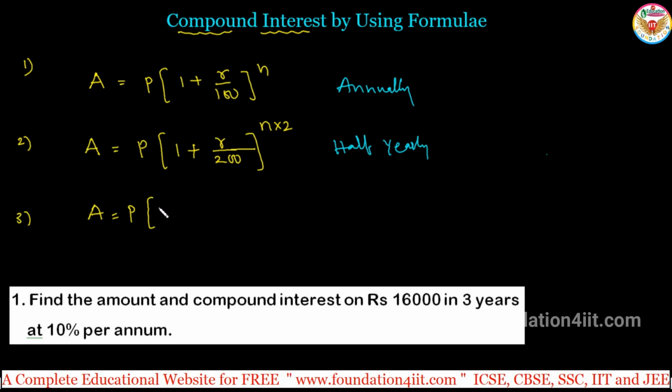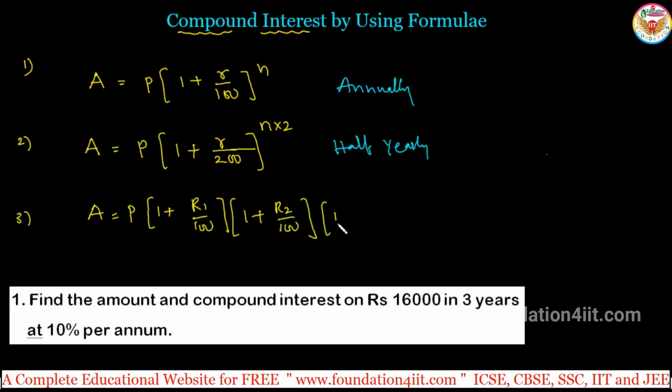Take the different rates: R1 by 100 is for the first year. Next year the rate of interest changes, it's R2. In the third year the rate is different, R3, and so on. For however many years the rate of interest is different, that many times you can keep them. This is the successive rate of interest, different every year.